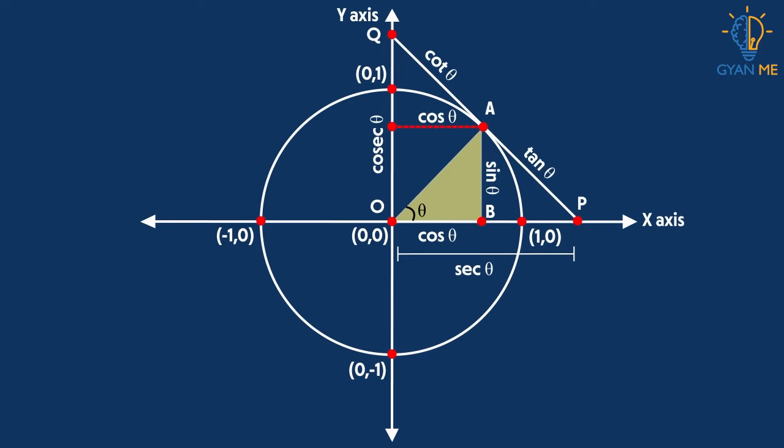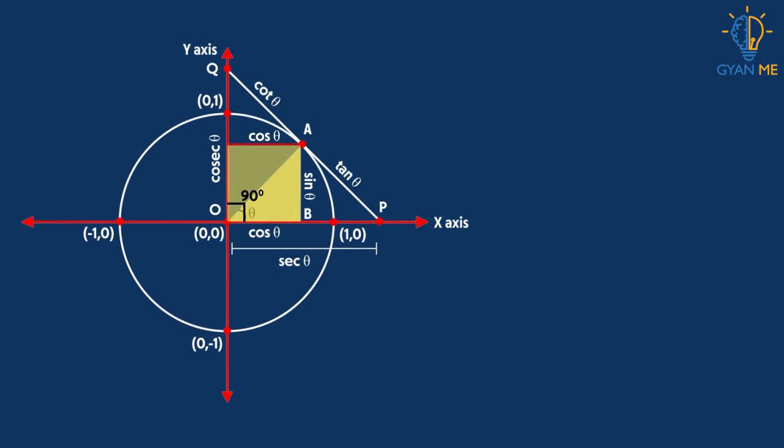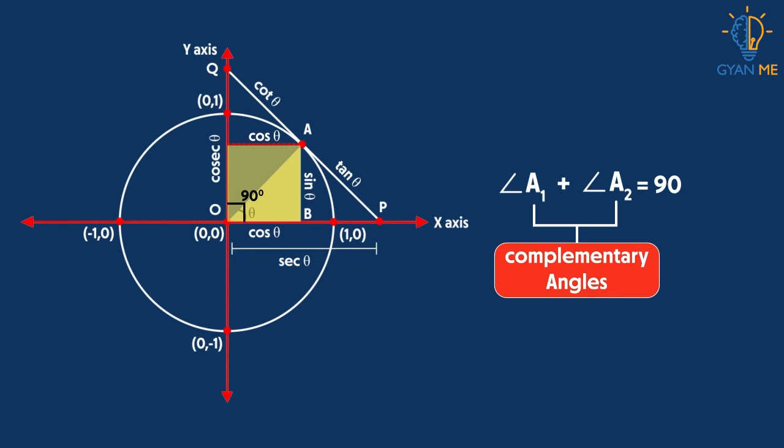Now just think for a second about the angle formed between the x-axis and y-axis. Well, this is just for simplicity and remembering. So you can see here that this angle is 90. Now we know that in maths, if two angles sum up to 90, then they are complementary angles.